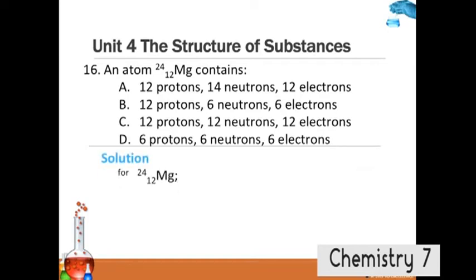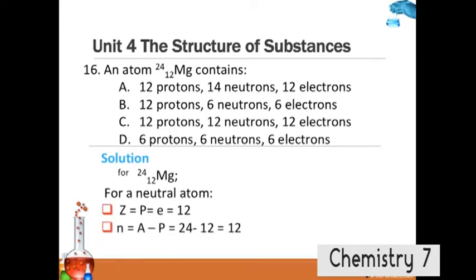For magnesium-24, if it is neutral, Z equals P equals E equals 12. N equals A minus P equals 24 minus 12 equals 12. The answer is C, 12 protons, 12 neutrons, and 12 electrons.